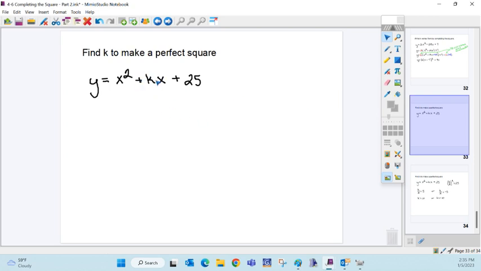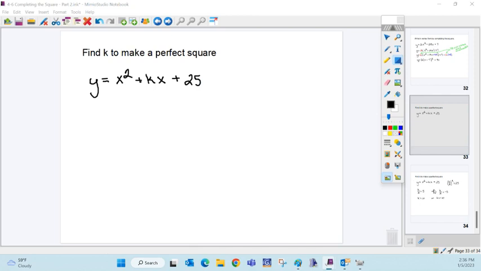So this is kind of going backwards to find out what k would have to be to make this a perfect square. If you knew what k was, you would divide it by 2 and square it to get that. So square root it and then multiply by 2.